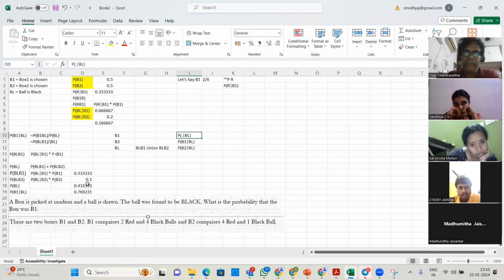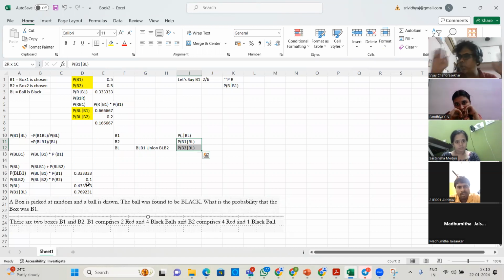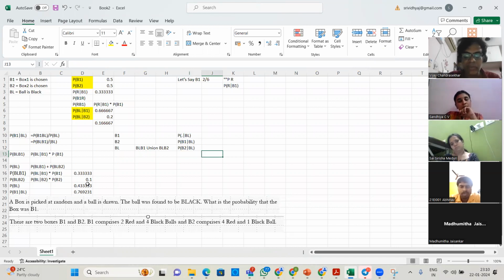Because we know the black ball could have come from box 1 or could have come from box 2, correct? And given that there is nothing else, if you go to the basic axioms of probability, what should the sum of these two probabilities be equal to? 1. All right, so the sum of these two should be equal to 1.